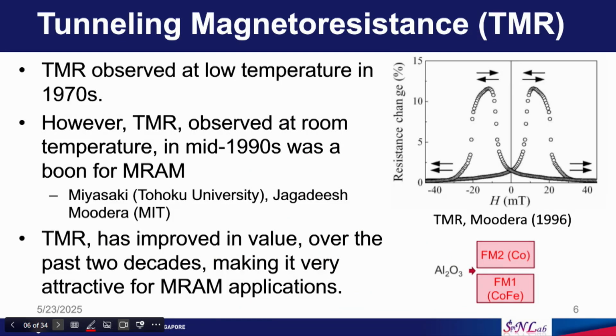As we learned before, tunneling magnetoresistance has a long history. Even though it was observed in the 1970s at around 4 Kelvin, in the 1990s people observed TMR at room temperature. A scientist from MIT and a scientist from Tohoku University came up with the TMR observation.